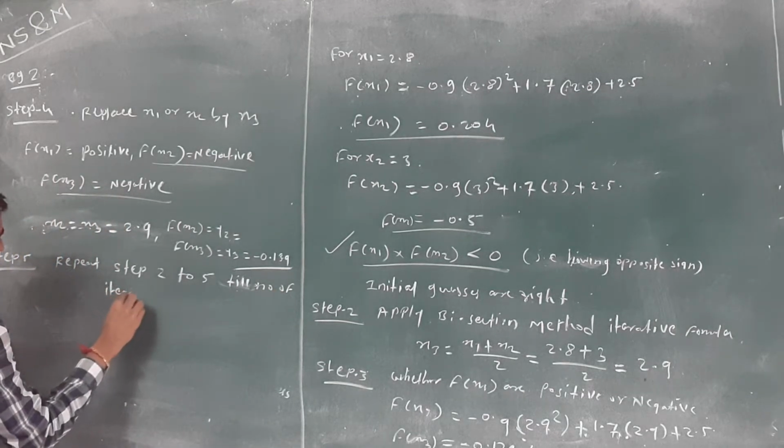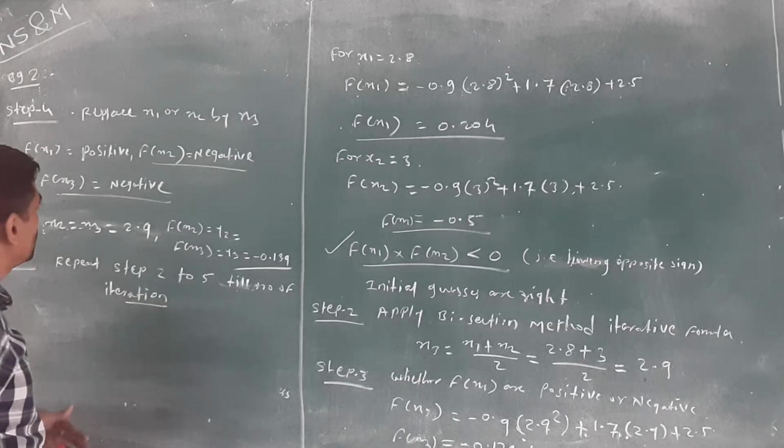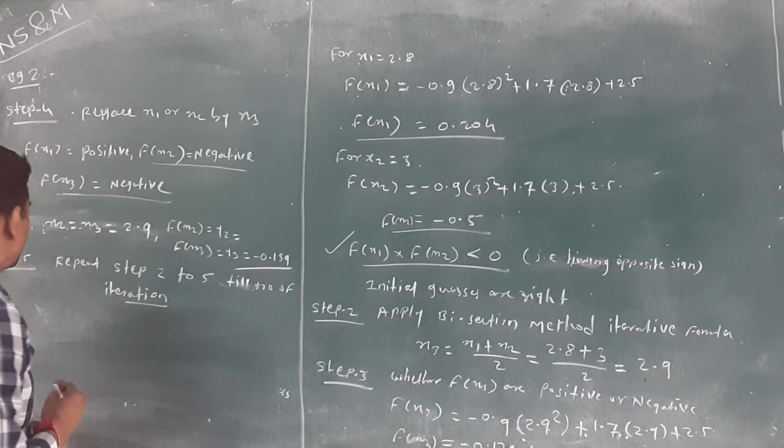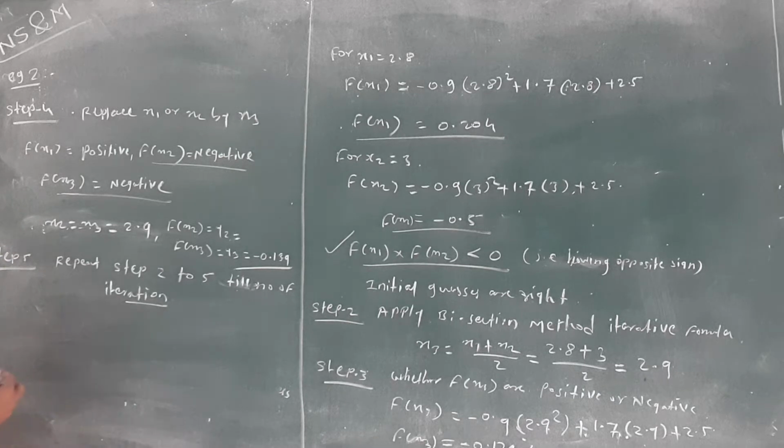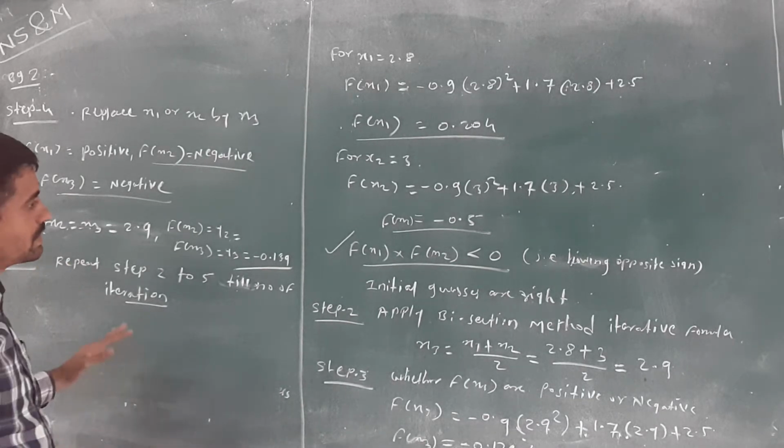Because we want to find up to the 3 iterations as mentioned in the given problem statement. Okay, all of you getting how to calculate the first iteration.